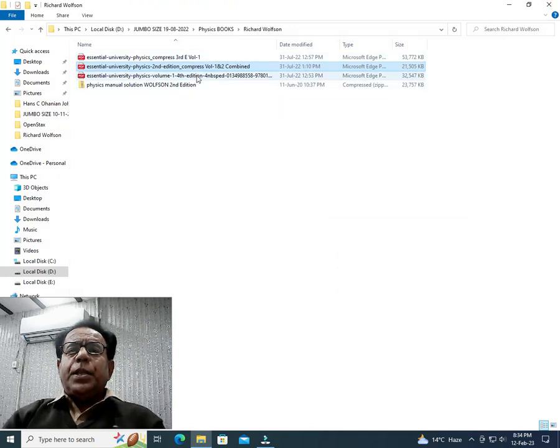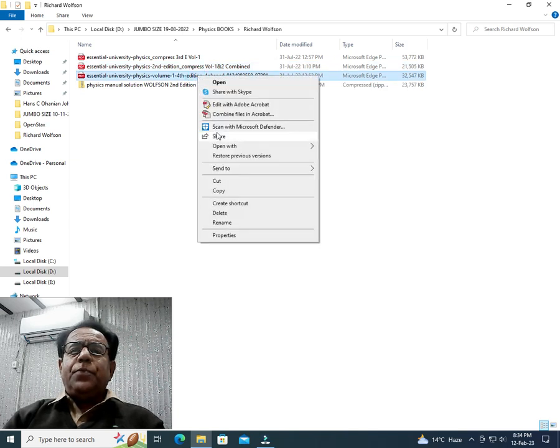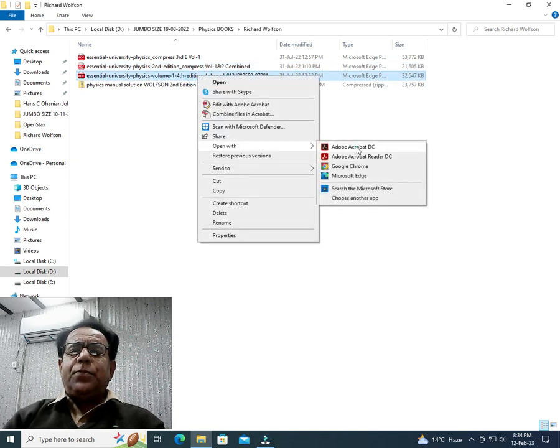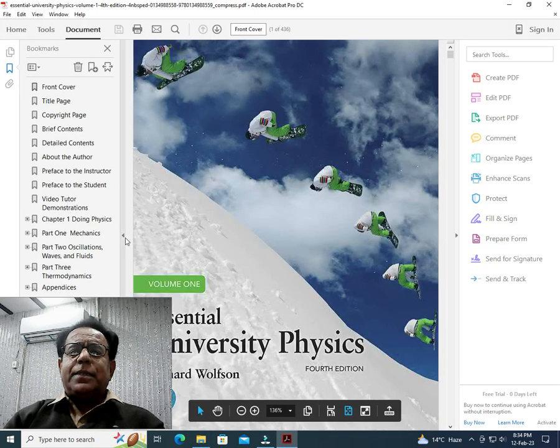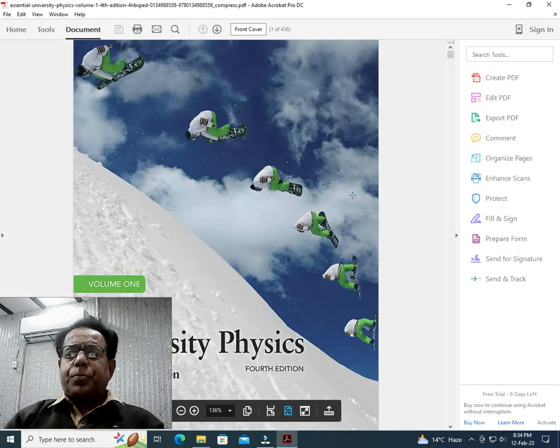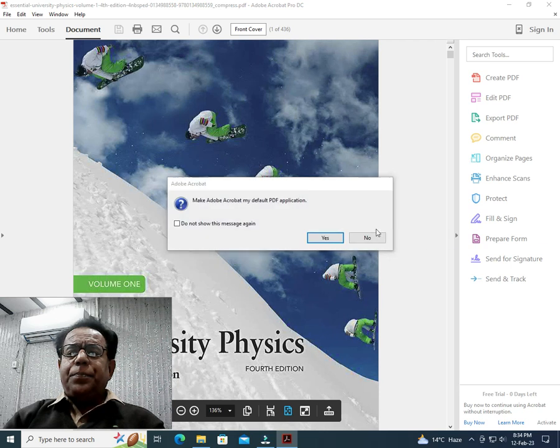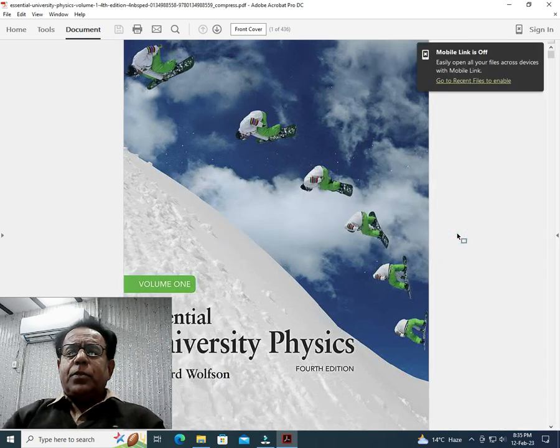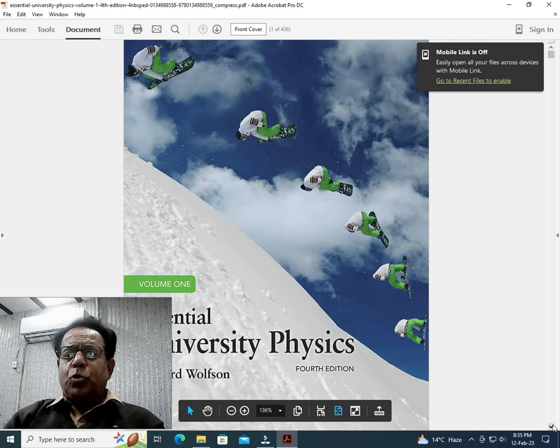Now this is volume 1 of the fourth edition. We also open this book and see what change has occurred in the title page. So this is the design of this book.